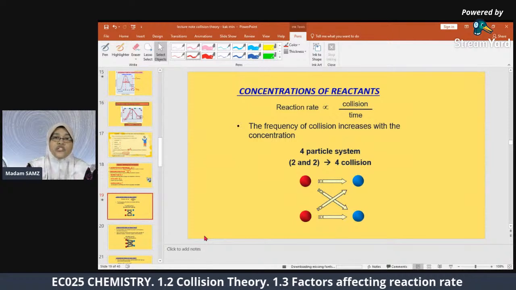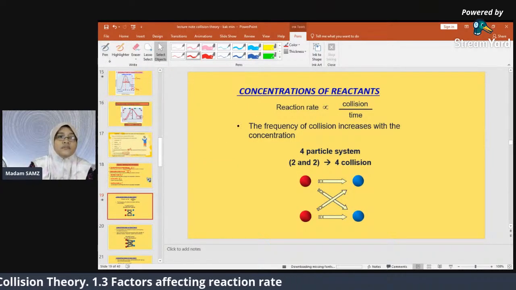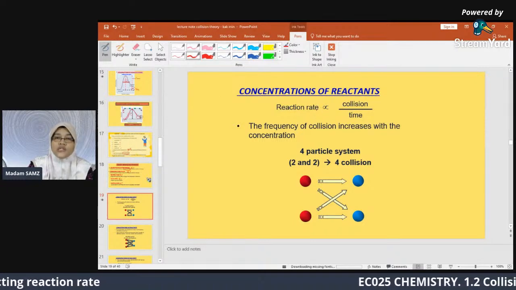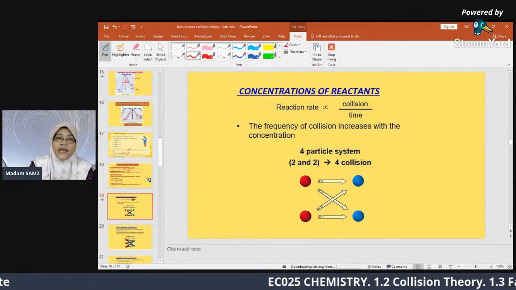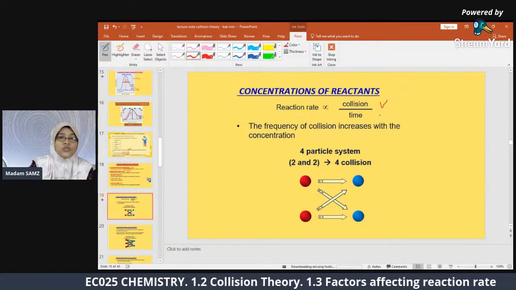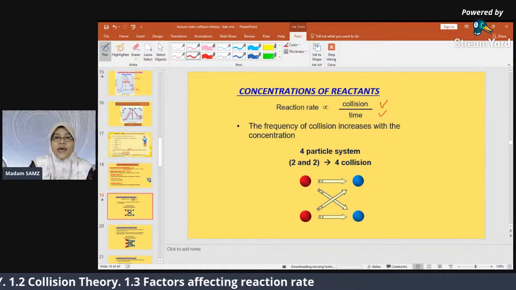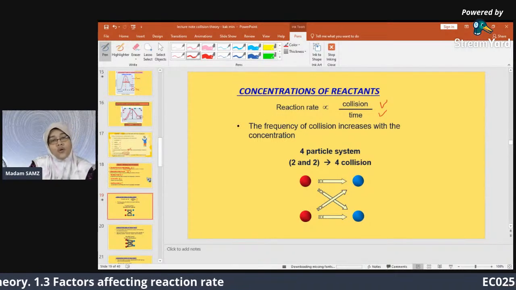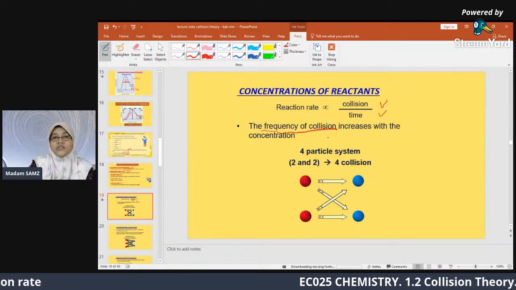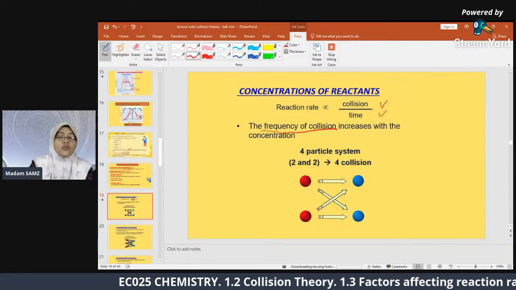Concentration of the reactant. Rate of reaction, as we know, is directly proportional to collisions but inversely proportional to time. If the reaction has more collisions, the probability of an effective collision is also higher.